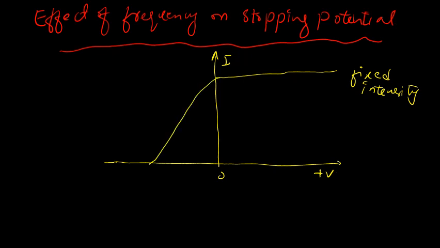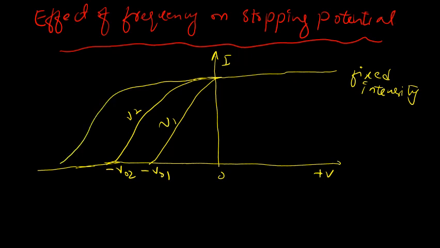We get a plot like this for frequency 1, and then for frequency 2 we get the stopping potential minus V0 2, and then for another frequency 3 we get the stopping potential minus V0 3.